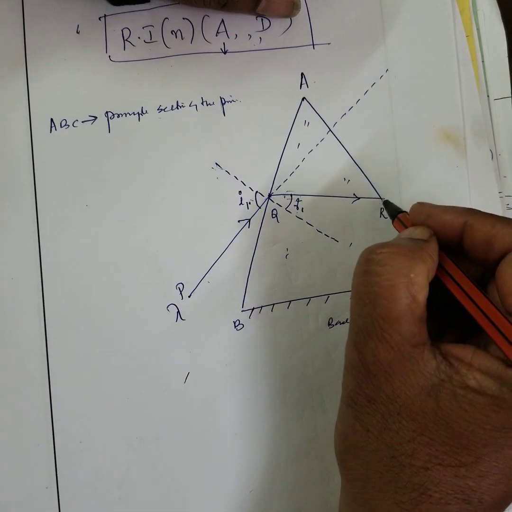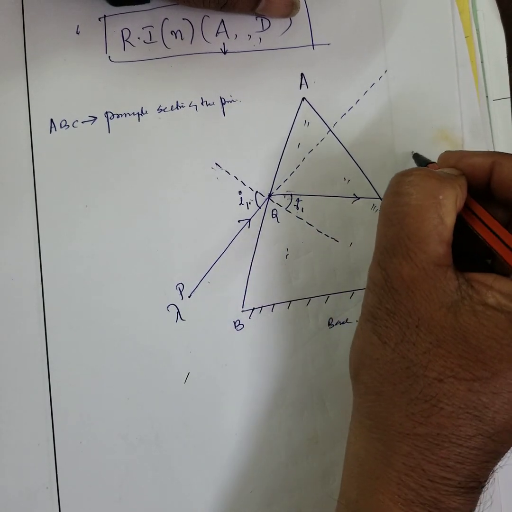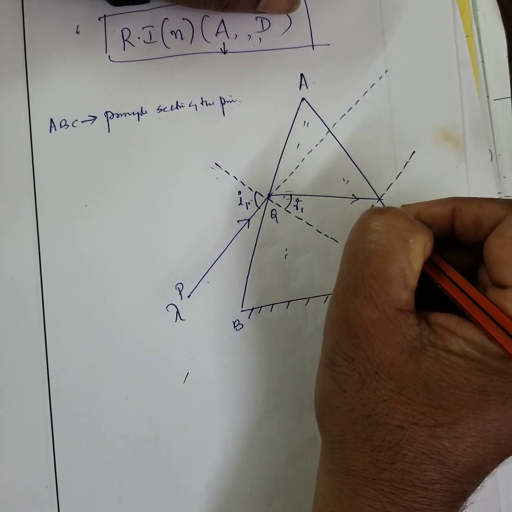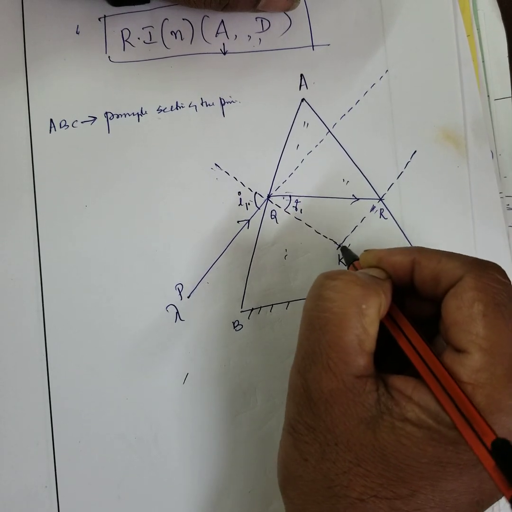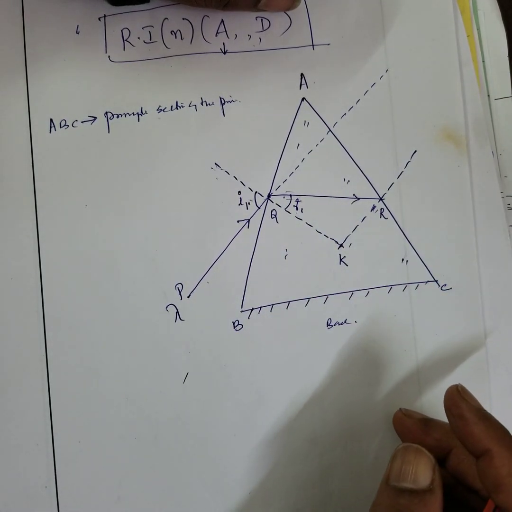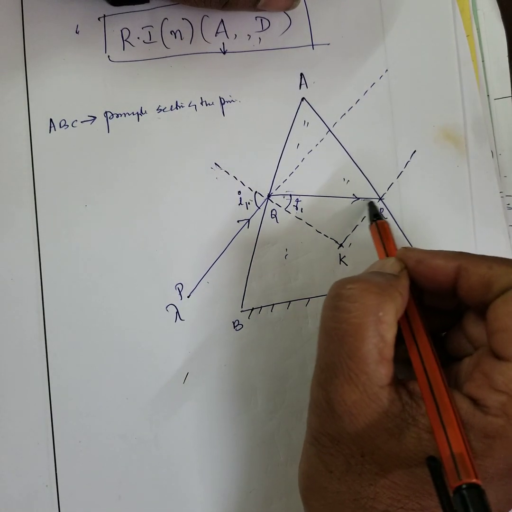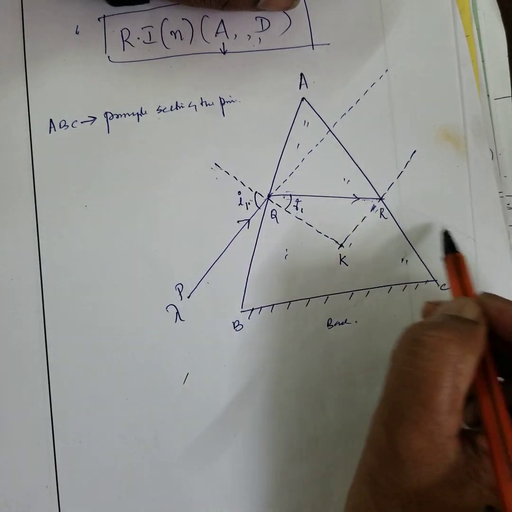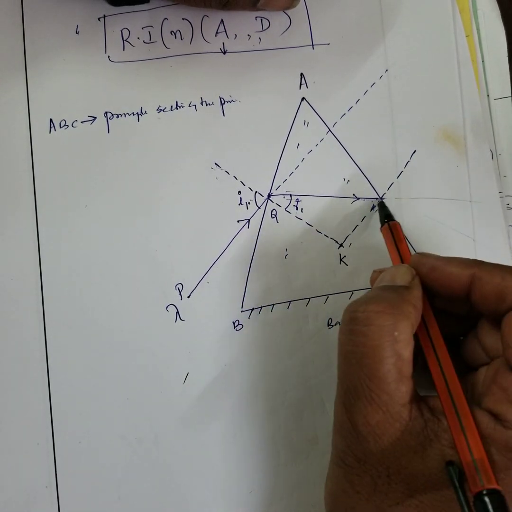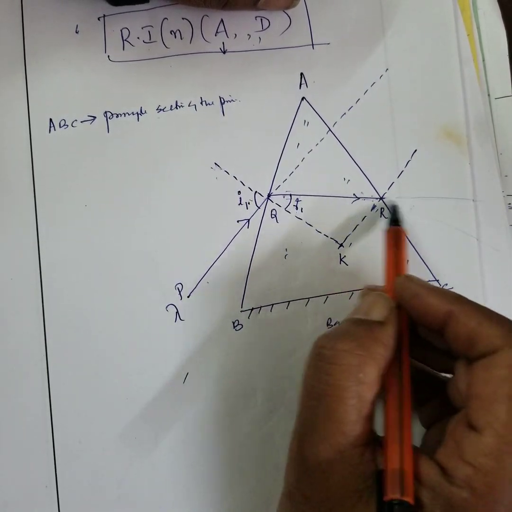Therefore, at the point of incidence in the denser medium, draw another normal. Let the two normals meet at the point K. Now this ray is incident in the denser medium and wants to come out. There is a discontinuity of the medium.